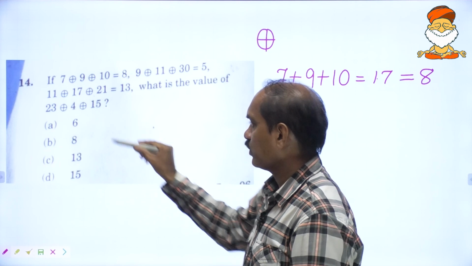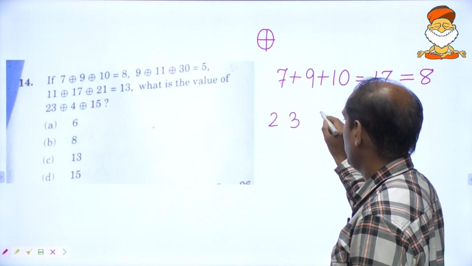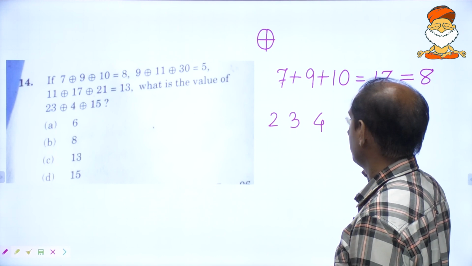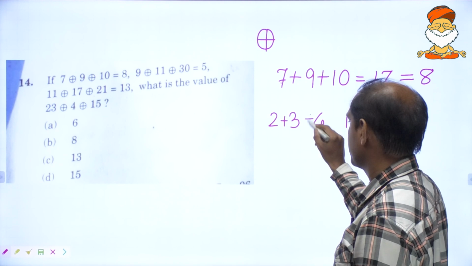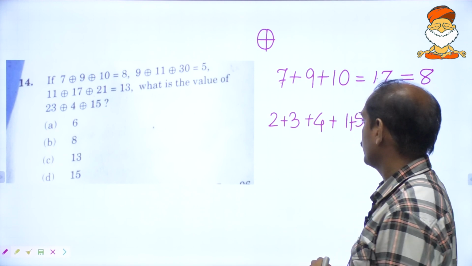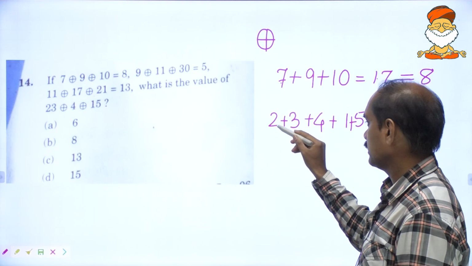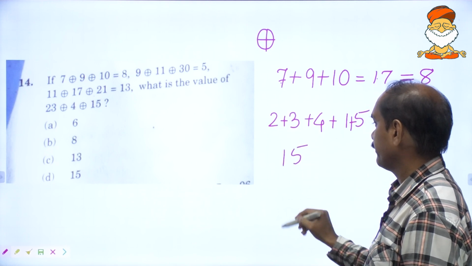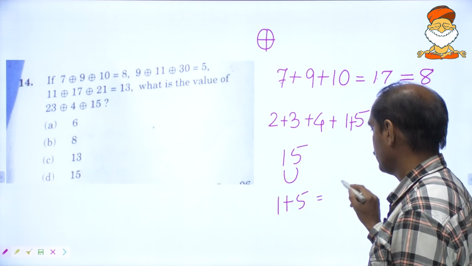Here you can check this one: 23, 4, 15. We want this. So just add all the digits. 5, 6, 10, 13 plus 2, 15. Again add these two to get the first option, 6.